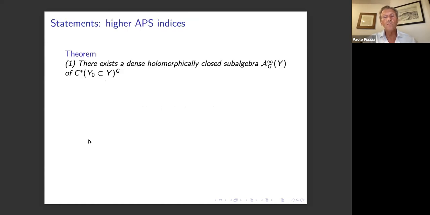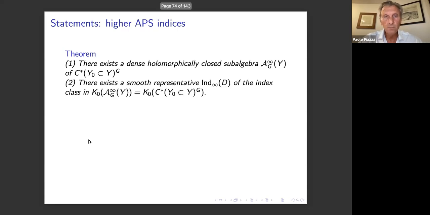So first of all, let me try to clarify the existence of these higher indices. There is a holomorphically closed subalgebra of this sister algebra considered by John Roe. And as in the case of Kohn and Moscovici, there is a smooth representative of the index class.